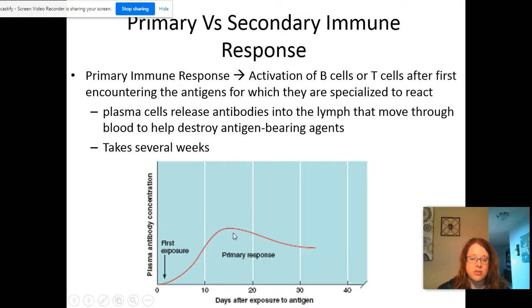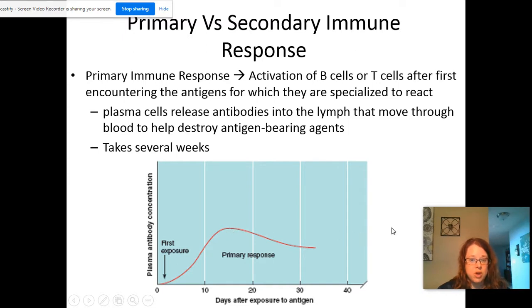And one thing that's really cool is during this time, as you're creating these antibodies, your body is producing memory B and memory T cells. And these memory cells remember whatever this pathogen was, and then they stay in your body.